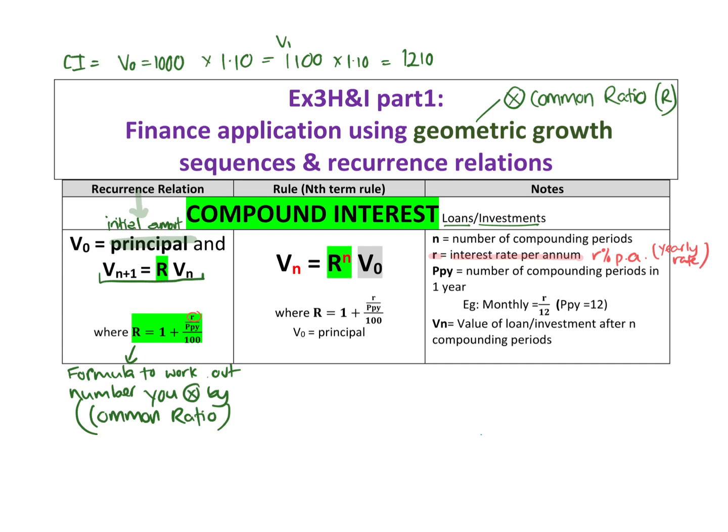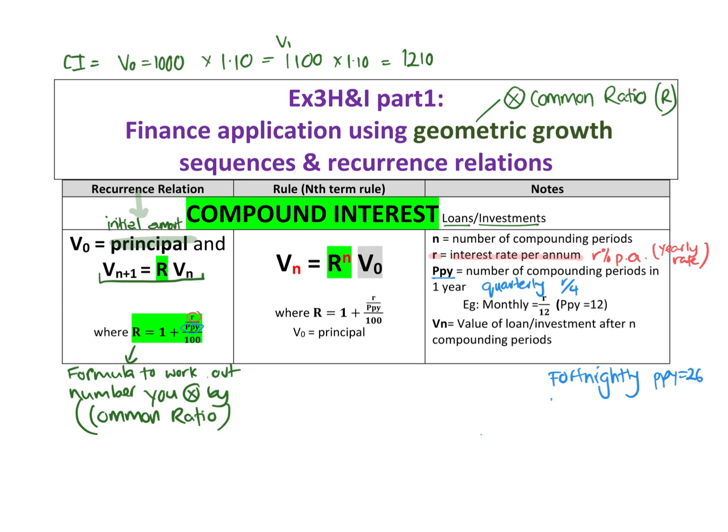Over here we've written PPY. It's the number of compounding periods in 1 year. It's got an example of if it was monthly, and I'll just pop a few others down here. If it was quarterly, it would be R divided by 4. If we had fortnightly, PPY would equal 26 because there's 26 fortnights in 1 year.